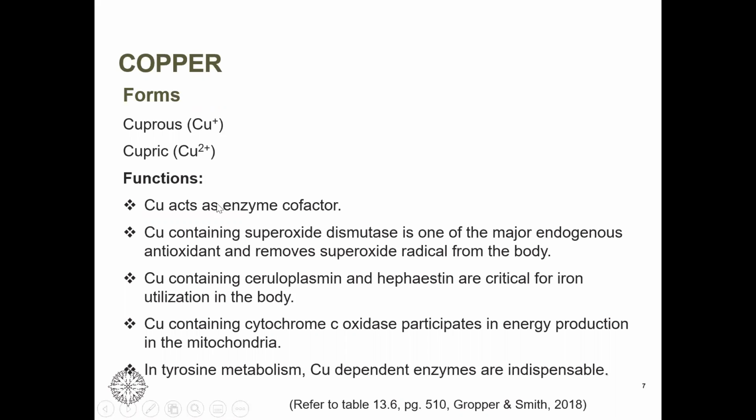So when we have to get iron in our blood, we need copper, because copper is able to give extra electrons to iron so that it can move around in our body. So we need to remember these two names: copper-containing enzymes or transporters, ceruloplasmin and hephaestin, are critical for iron utilization in the body.